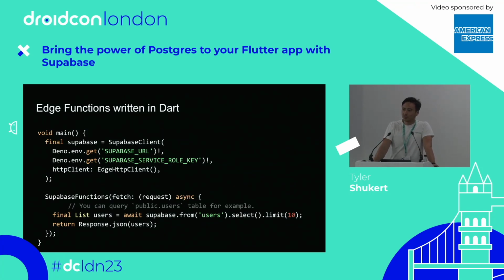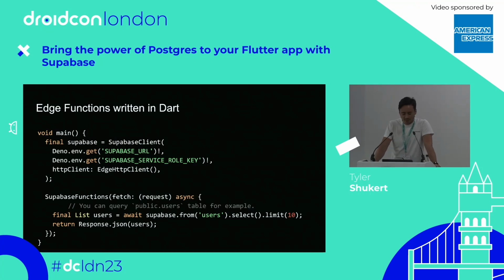Now, I want to talk about edge functions. And earlier when I talked about edge functions, I mentioned that we offer edge functions powered by Deno. And Deno is a TypeScript runtime. But luckily, Invertase, our partner, have developed a tool called Dart Edge, which converts your Dart code, Dart server-side code, into valid JavaScript code that runs on our Edge runtime.